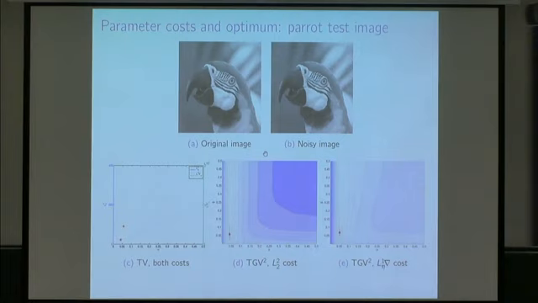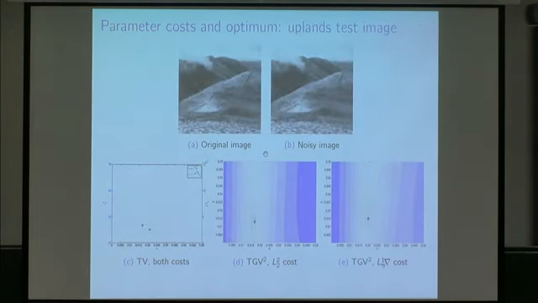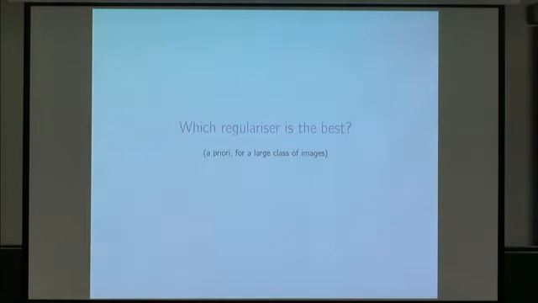Same with TGV, here it's alpha and beta on the different axes, and especially with respect to alpha we cannot really go to 0 because the cost increases quite fast. With respect to beta it doesn't really increase so fast. Same for another image. We really stay away from 0 parameters, so there are parameters that will improve the image under very natural conditions.